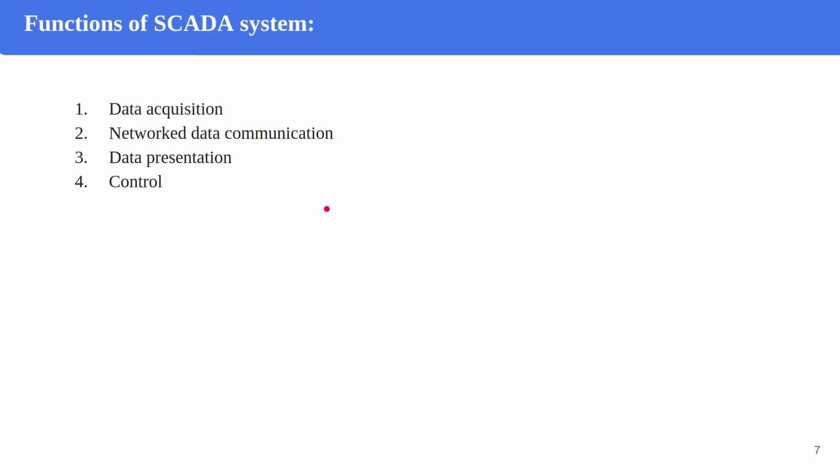Network data communication. SCADA data is encoded in protocol format. The previous versions of SCADA systems depended on closed proprietary protocols, but the current systems use standard protocols. Sensors and control relays are very simple electronic devices.